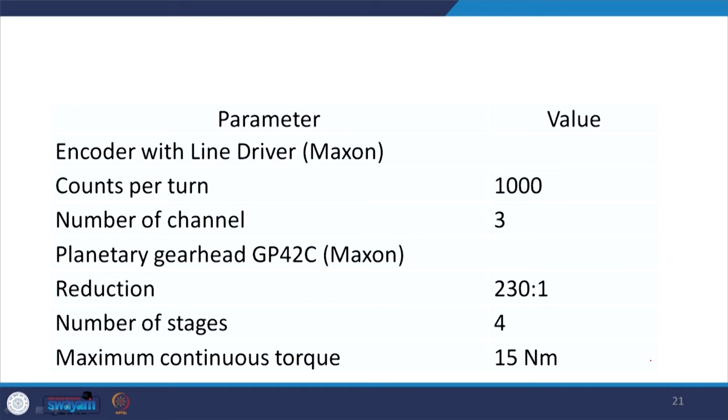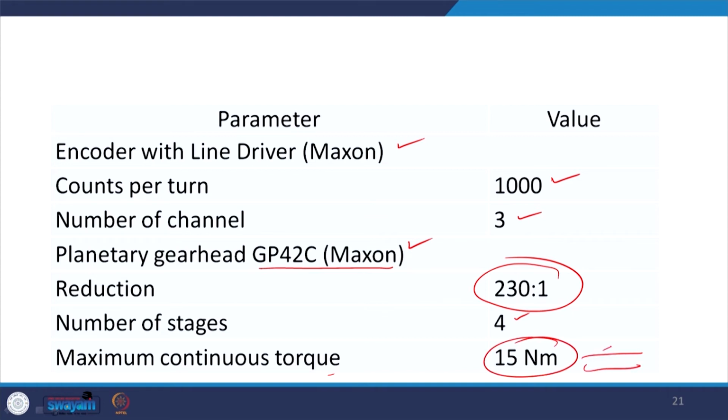Then here are the parameters for the encoder. Encoder again with line driver from Maxon, the count per turn 1000, number of channels 3. Planetary gearhead, this GP42C from Maxon was used, with reduction 230 by 1. So, there is an increase of torque 230 times basically, and the number of stages is 4, and the maximum continuous torque is 15 Newton meter.